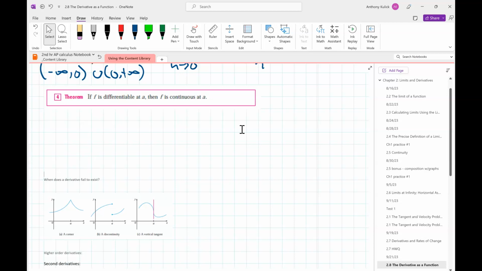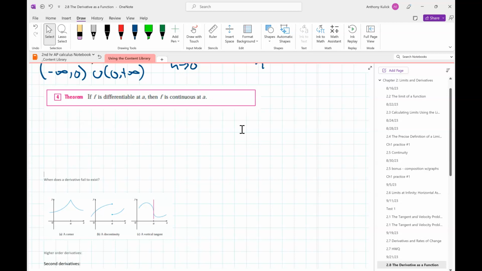Continuity does not imply differentiability. Your classic counterexample is the absolute value of x that is continuous over all real numbers, but not differentiable at 0. But if it's differentiable, we automatically have continuity.